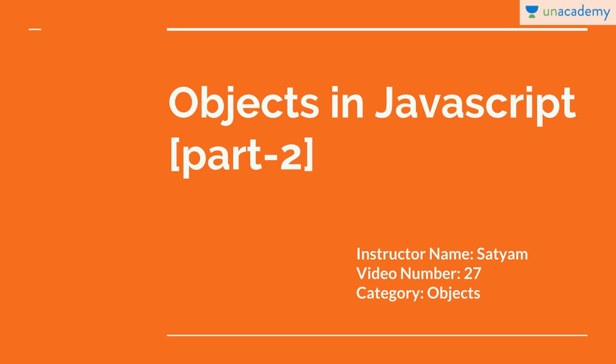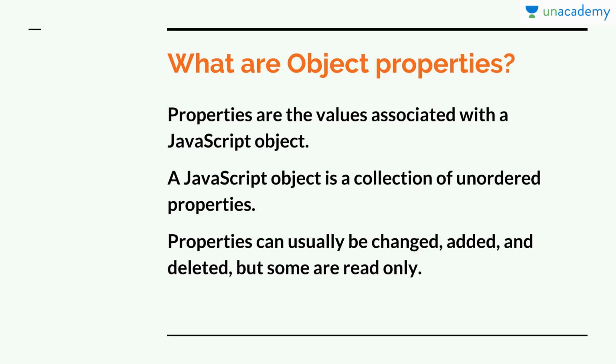So let's see what the properties are. What are object properties? Properties are the values associated with a JavaScript object. Because if I say I have 10 objects but they don't have any property, then there is no need to create 10 different objects.